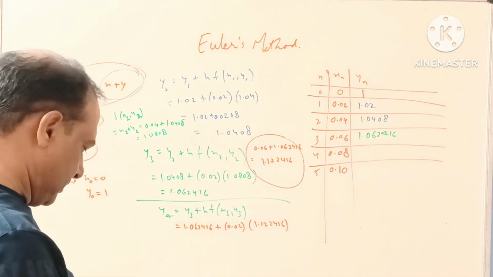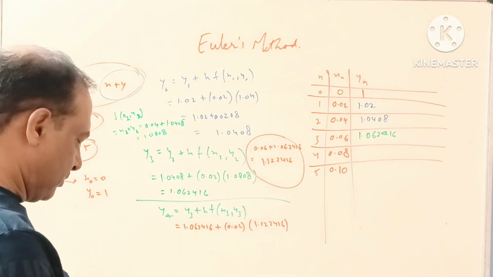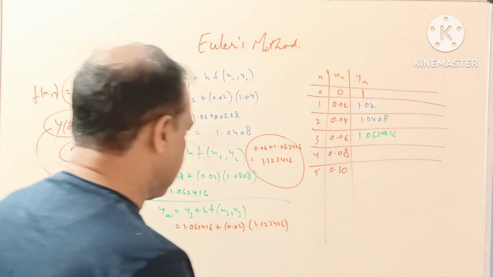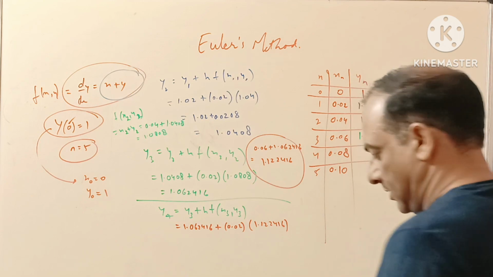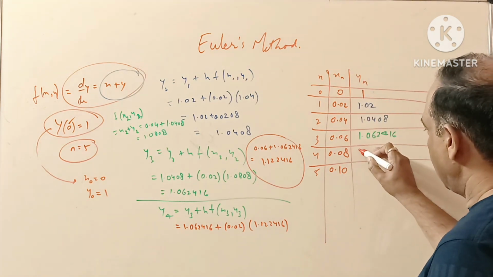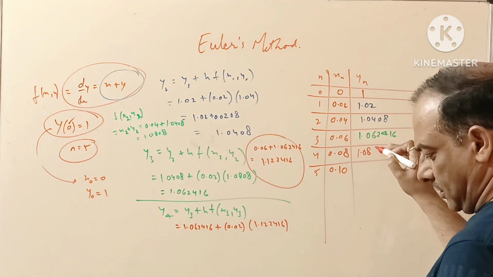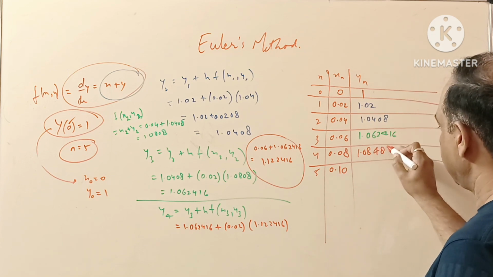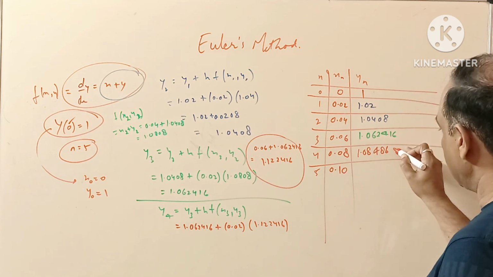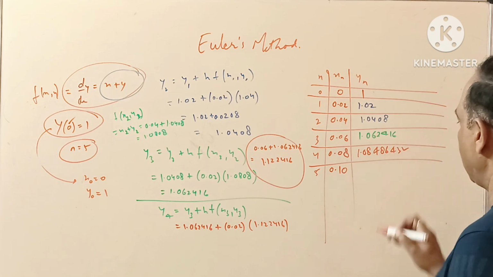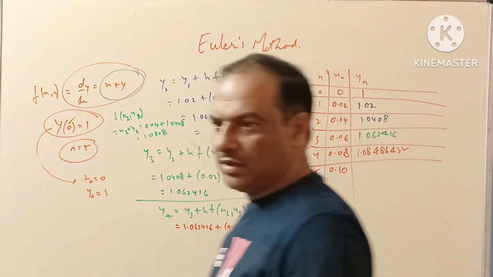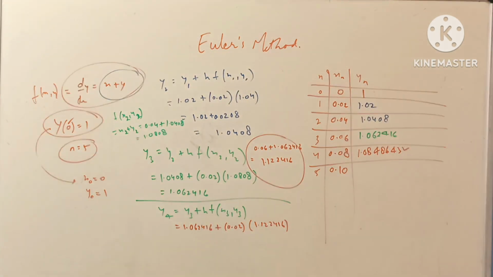Okay, now the solution here is 1.0848. Just wait, I'm writing it down directly. This is the value of 1.08486432. This is the value for y4.